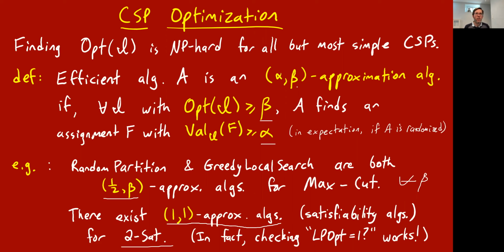I should have mentioned that alpha will always be at most beta. And in fact, it's not often stated this way in undergraduate classes, but one polynomial time satisfiability algorithm for 2SAT is to write down a natural LP relaxation and just check whether the optimum value is 1. Turns out that LP opt is 1 if and only if the 2SAT instance is satisfiable.